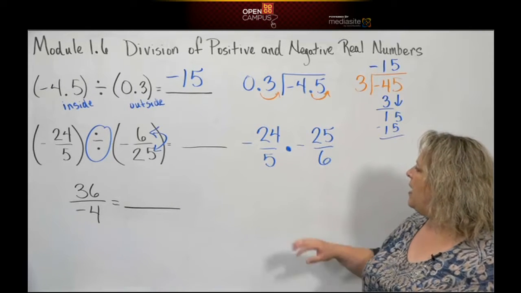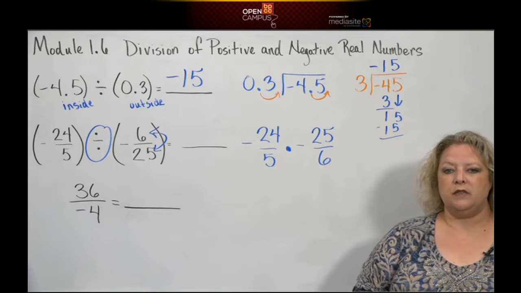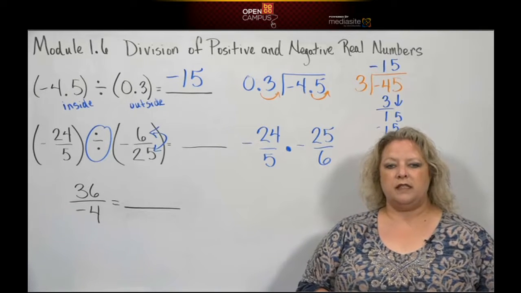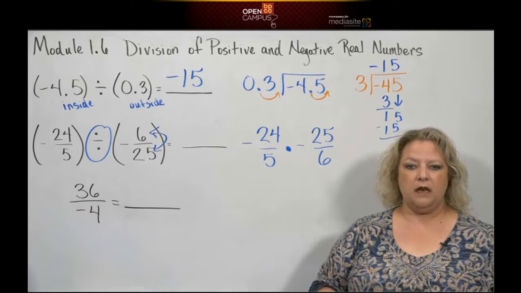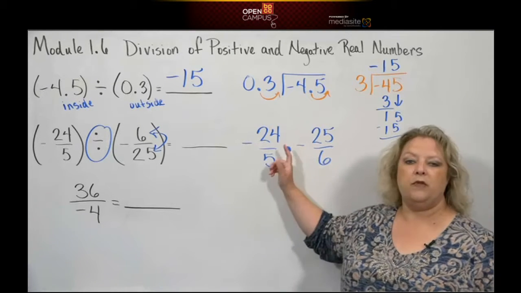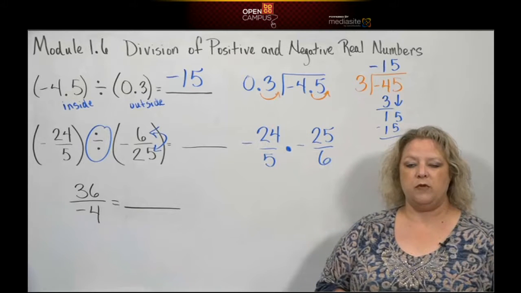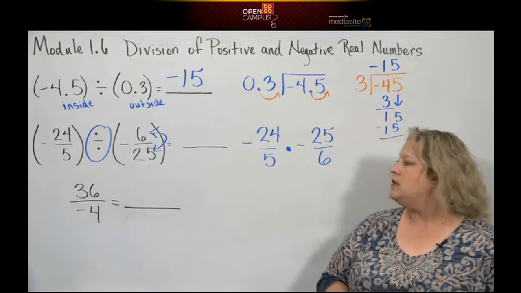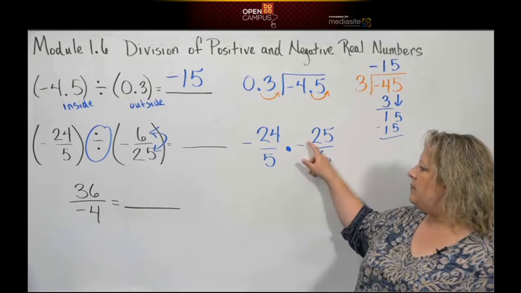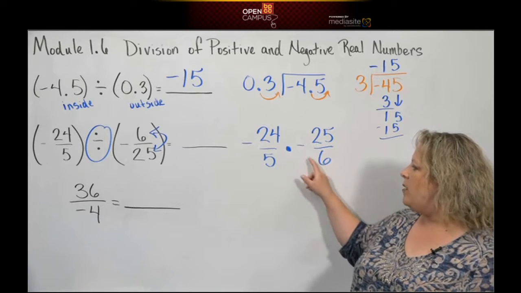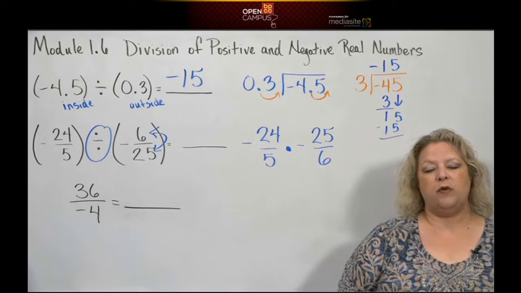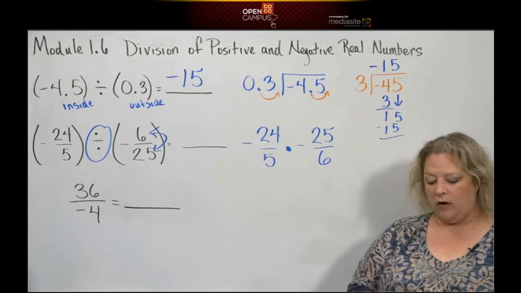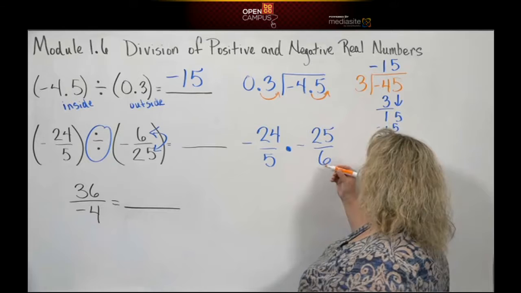Okay, now we're going to reduce. In the previous modules I said do top times top, bottom times bottom, and reduce second. But if you look at these numbers, do you really want to multiply 24 times 25? No. Since you have numbers that can divide into 25 and a number that can divide into 24, we want to get those as low as possible before we multiply across, just to make things easier.